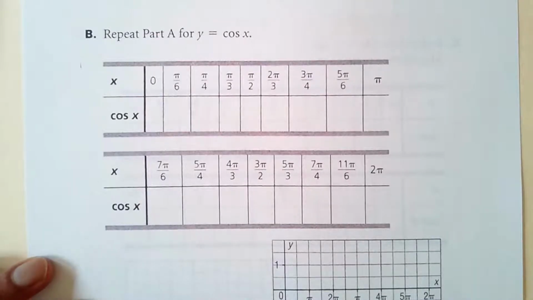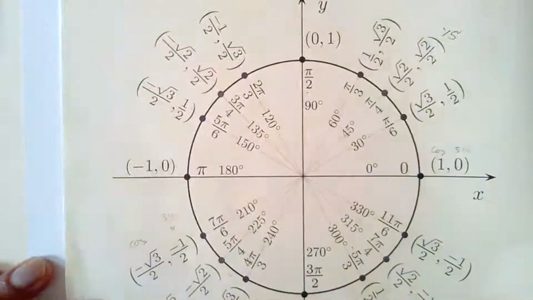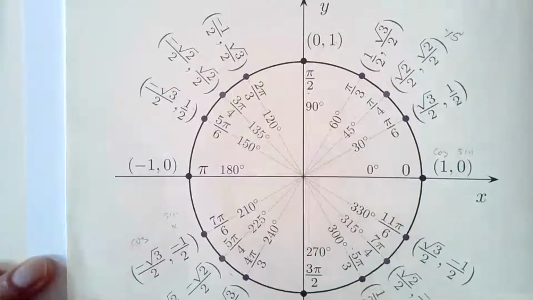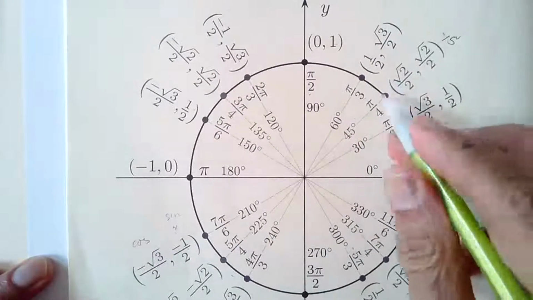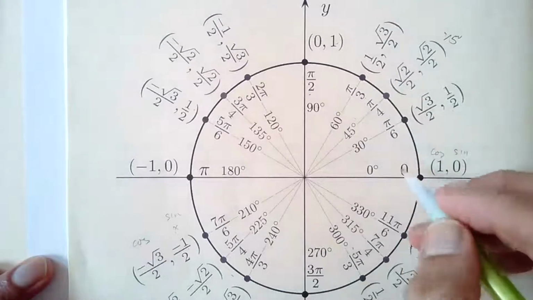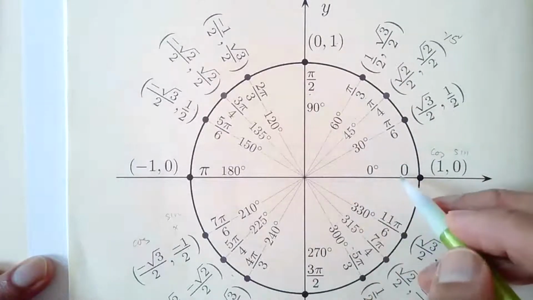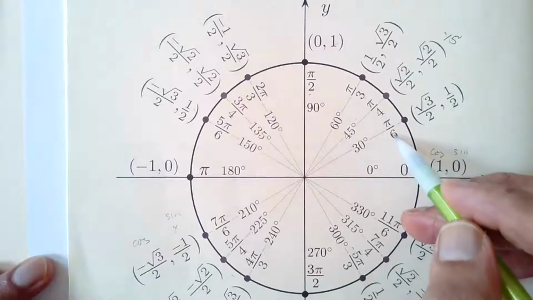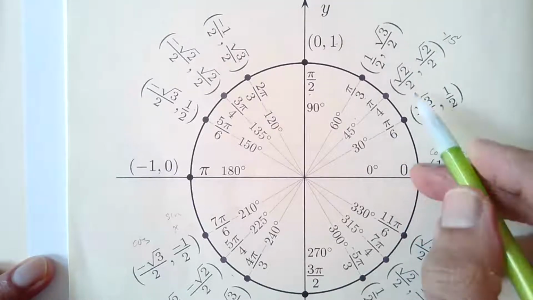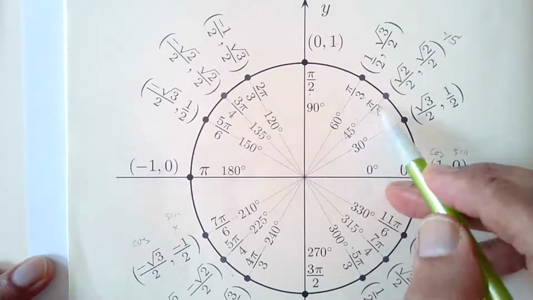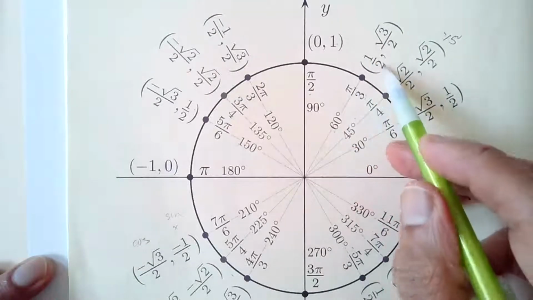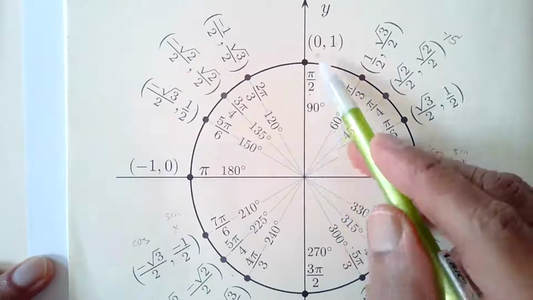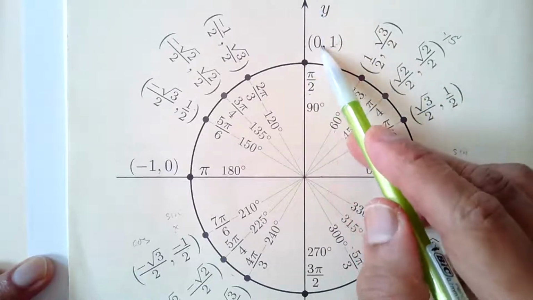And again, I'll refer to the unit circle, but this time we're using your x coordinates for the unit circle. So cos of 0 is 1, cos of pi over 6 is root 3 over 2, cos of pi over 4 is root 2 over 2, cos of pi over 3 is a half, and cos of pi over 2 or 90 degrees is 0.